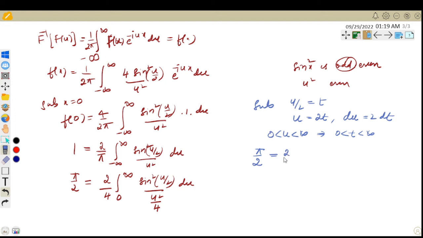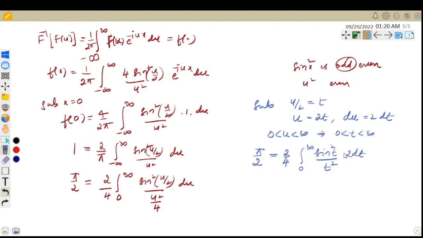This is 2 by 4, keep it as it is. So the integral runs from 0 to infinity. This will become sin square t, and du is equal to 2 dt, divided by u by 2 whole square, that is t square.